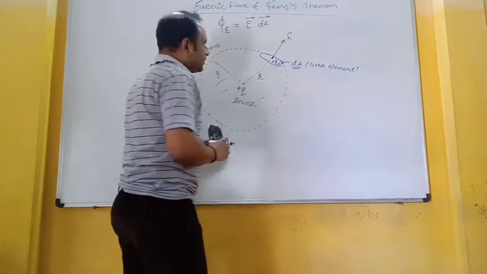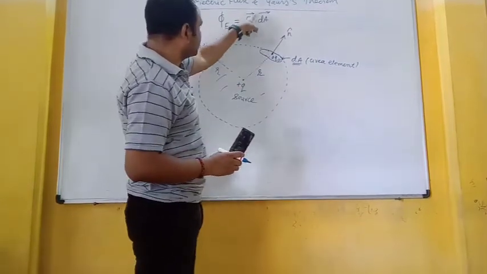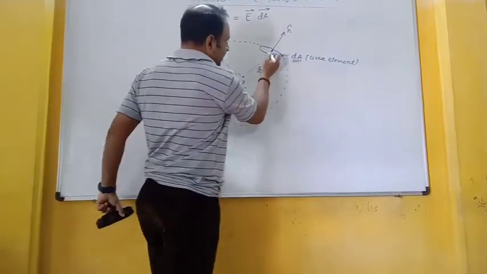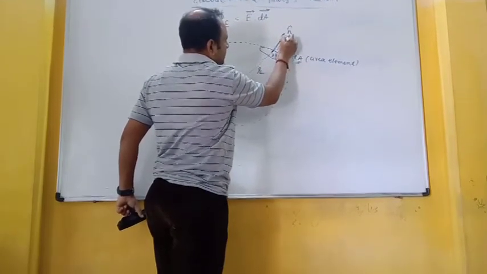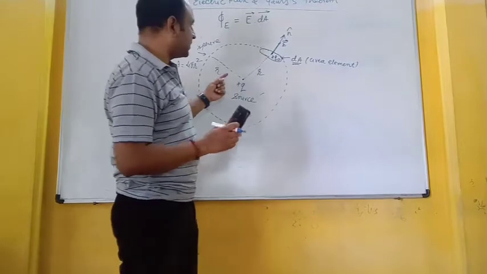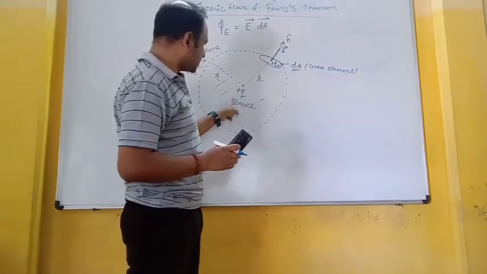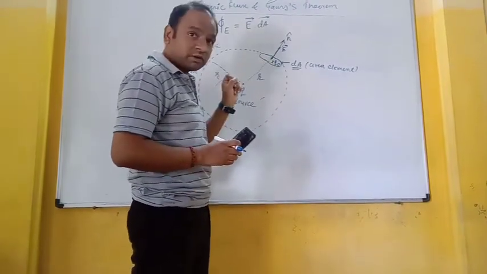The direction of this electric field will also be radially outward, because the source charge is positive and the test charge is also positive.